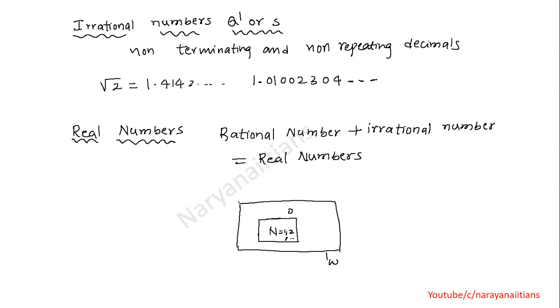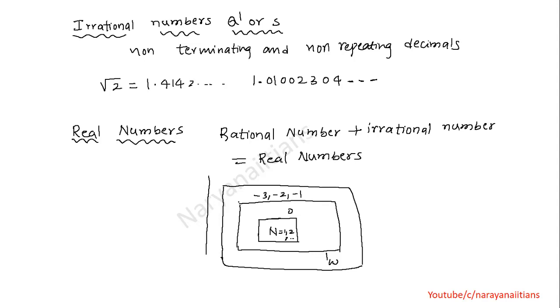And if you add negative numbers to the whole numbers, you will get the integers: -3, -2, -1. So this is the integer set. In between the values -1 and -2, you will get the rational numbers. So these are rational numbers.